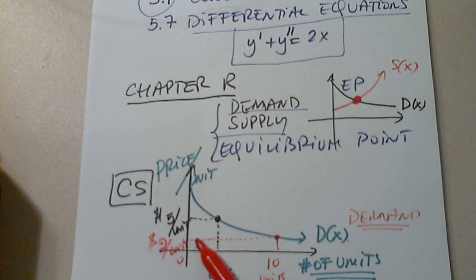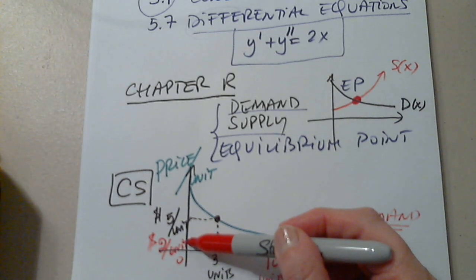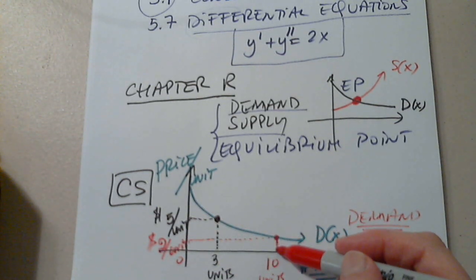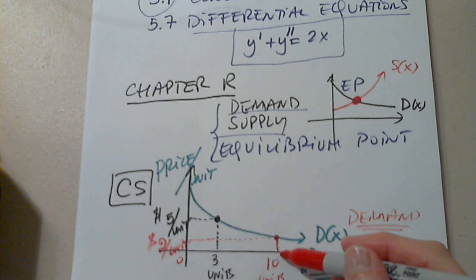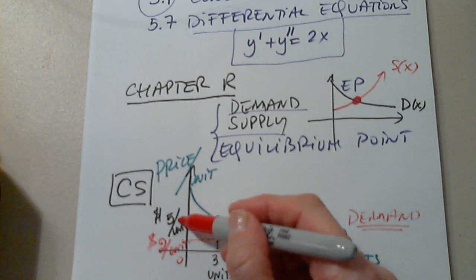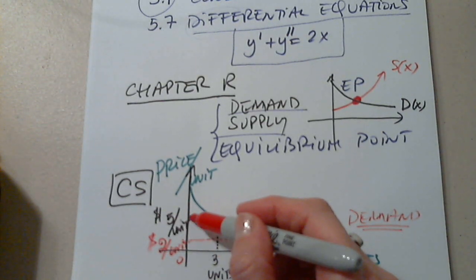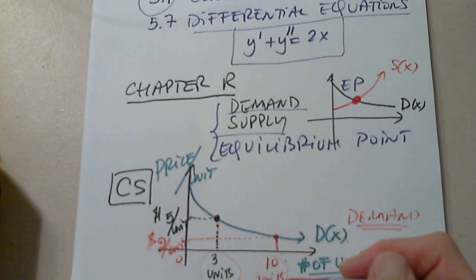So at this price, the demand is higher in the number of units, because the price is lower. Let's say the price of coffee. I'm not a coffee drinker, but or tea, whatever you want. So if it's $2 per pound, we are willing to spend 2 times 10, $20, and get 10 pounds. If the price is $5 per unit, we are not interested in buying more than 3 pounds.